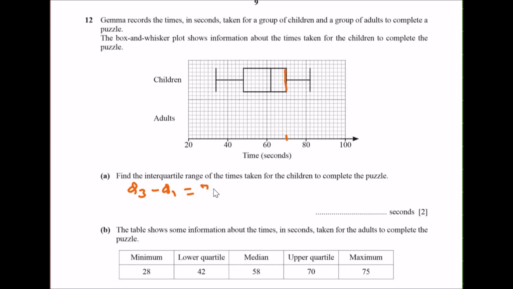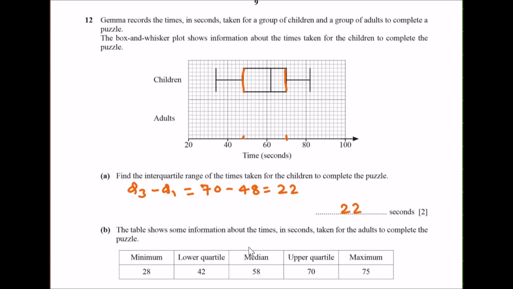So 70 minus Q1. Q1 is here. So this is 48. You can find from here. So 48. That is 22. So answer will be 22 seconds. Clear? Okay. The next part.